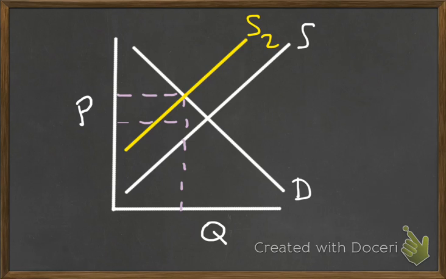If I draw some dotted lines to give us some reference points and mark E1 versus E2, you now see that the price increases up to P2, whereas quantity decreases to Q2.